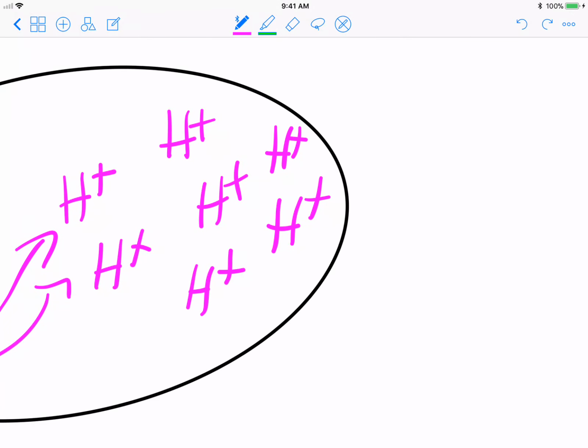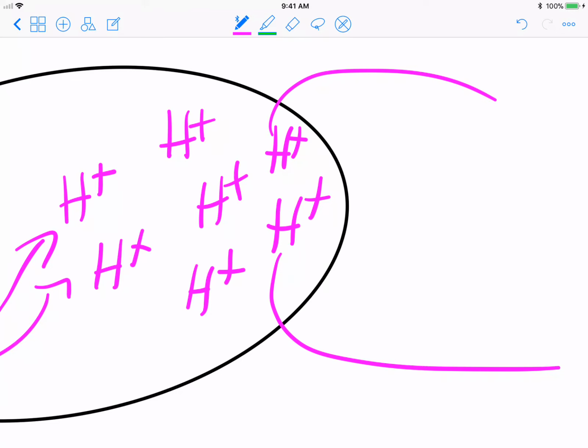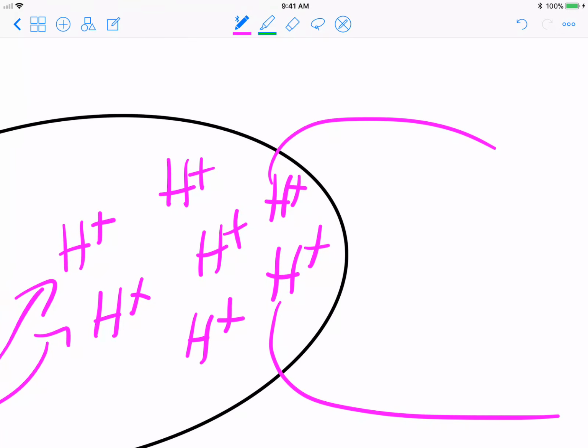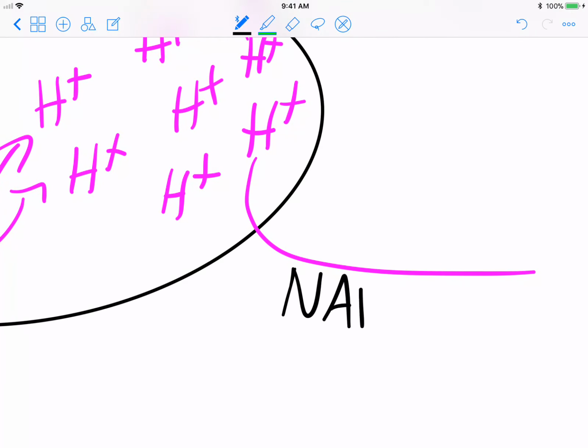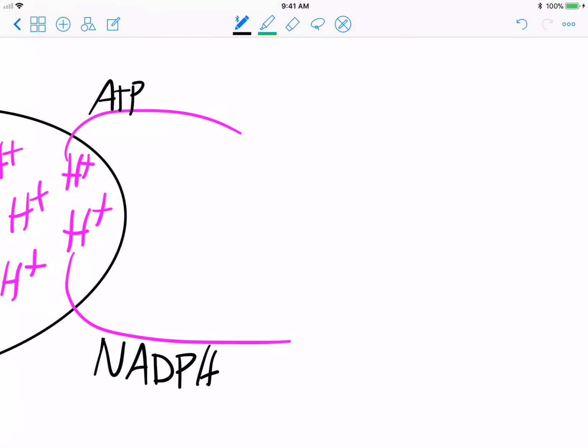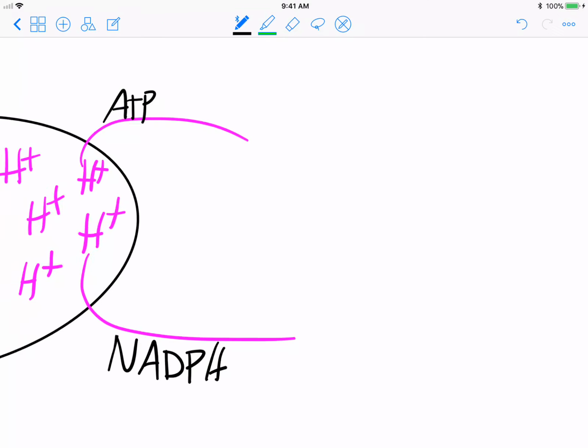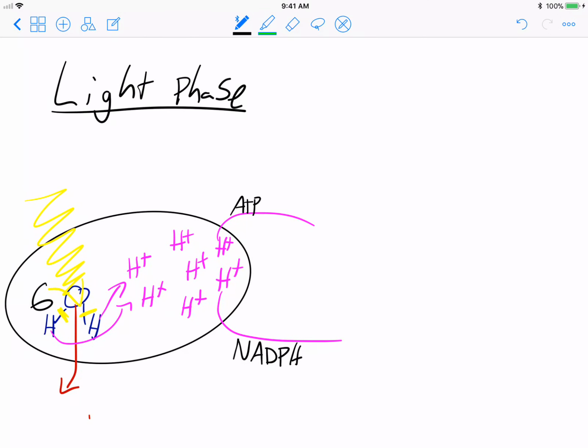Eventually, they'll become highly energized enough that they'll be able to escape through specific channels in the membrane, but as they do so, they lose the energy that they had gotten from the light to our energy carriers, our ATP and NADPH. Okay? Now, at this point, we've finished the light phase of our photosynthesis, and we'll be moving on to what's called the dark phase.